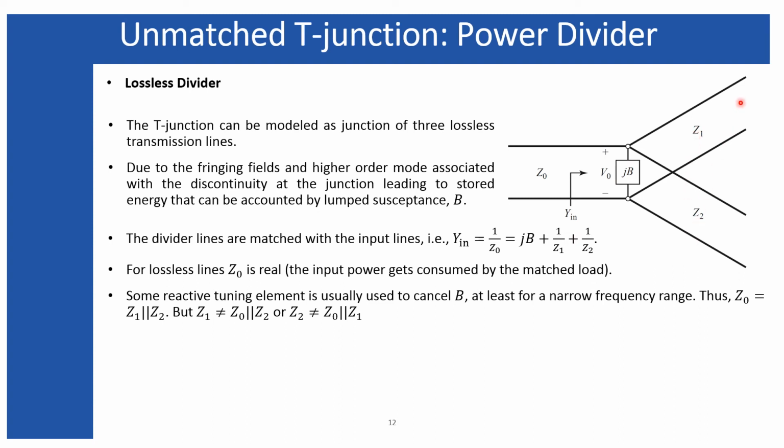But when you are looking from the Z1 guide, the impedance that will be observed is the parallel combination of Z0 and Z2. Similarly, when you are observing from this guide, the impedance that will be experienced is the parallel combination of Z0 and Z1, and these two impedances are not going to be matched. Let's see.